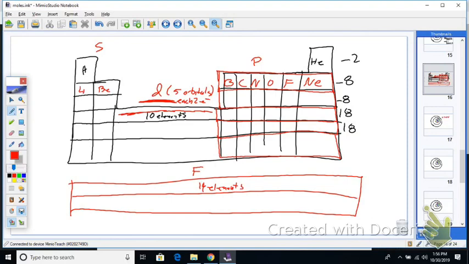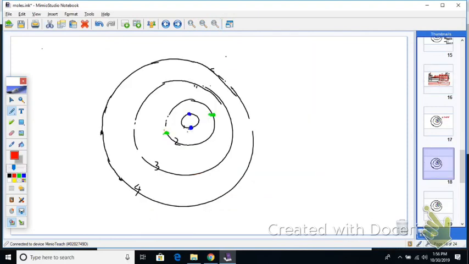Okay? So, we'll do another one. So now, here's carbon. Carbon is 1s2, 2s2, 2p, and the red ones are the p's. So 2p2. Okay. So we're going to skip all the way to fluorine. So here's fluorine. We've got our 1s2, the blue ones.